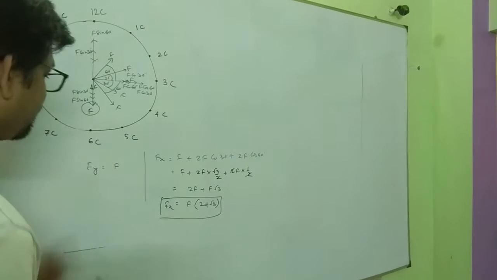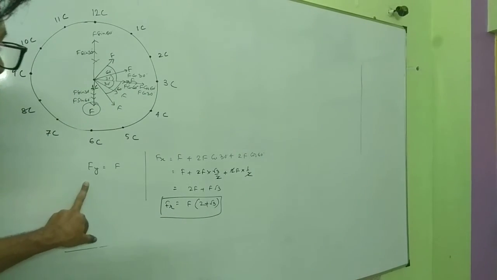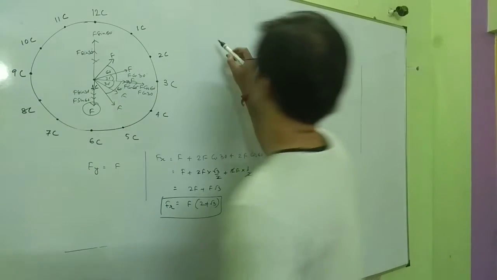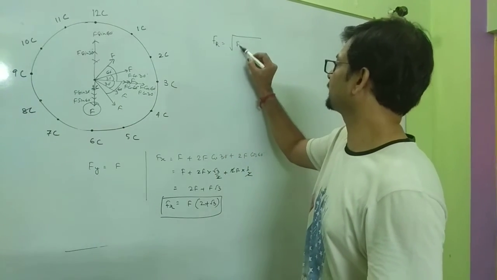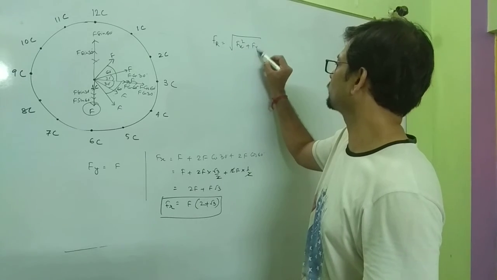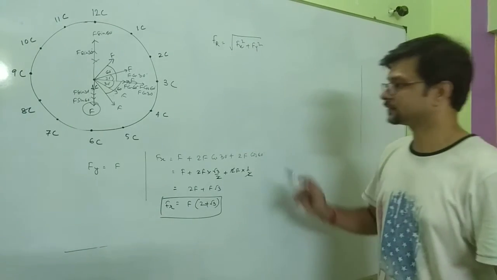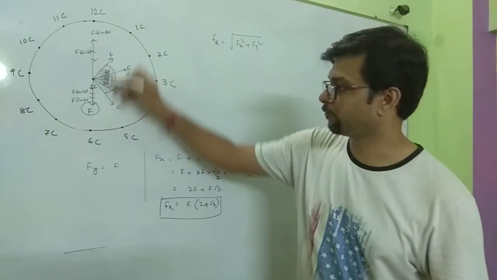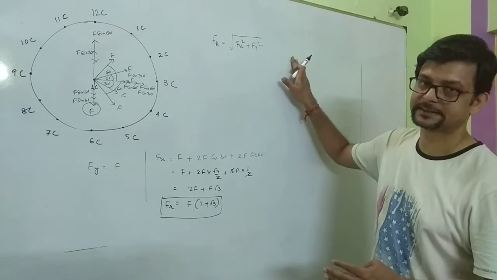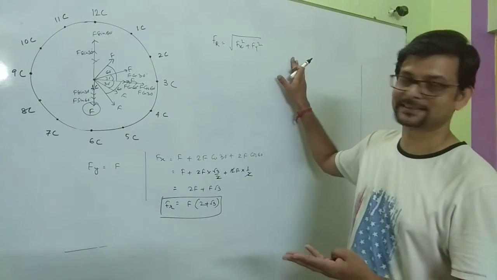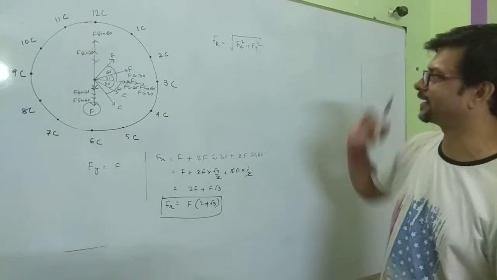So now we get Fx and Fy. Now the resultant force Fr can be calculated as root over Fx square plus Fy square, because the angle between Fx and Fy is 90 degrees. The formula is a square plus b square plus 2ab cos theta, and with cos 90 being 0, I am not writing that part.